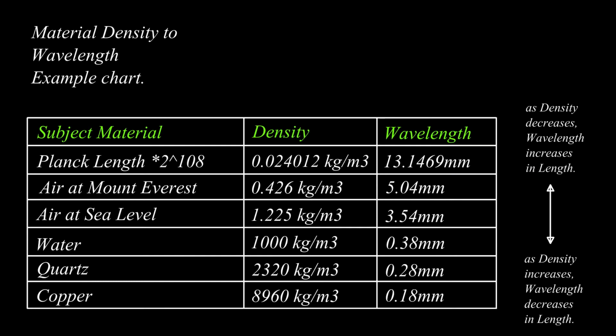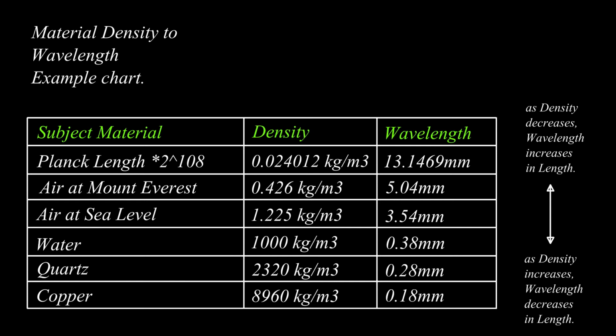And here's a chart for curiosity. This is actually some rough calculations that I did to show some elements and materials and their corresponding wavelength. So gases can be scaled inside of a vacuum chamber to match a wavelength, but materials that are fixed, such as the densities of water and solids, they have a fixed wavelength which cannot be adjusted because the density for these materials is also fixed.